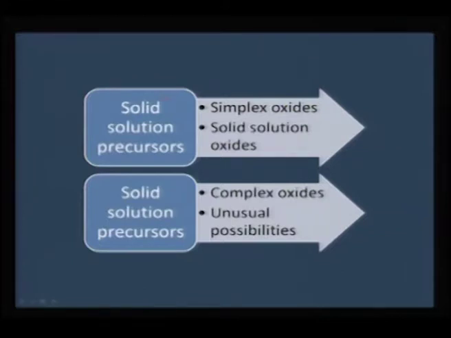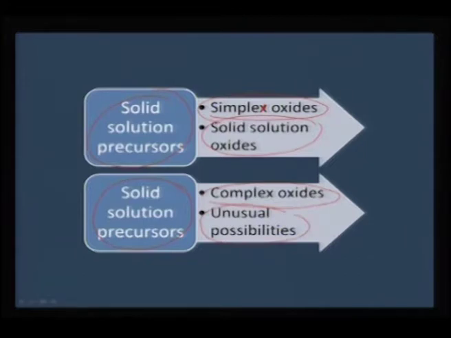When you talk about solid solution precursors, we are going to prepare simple oxides, or solid solution oxides, and solid solution precursors can also be used for making complex oxides, and we can explore unusual possibilities.